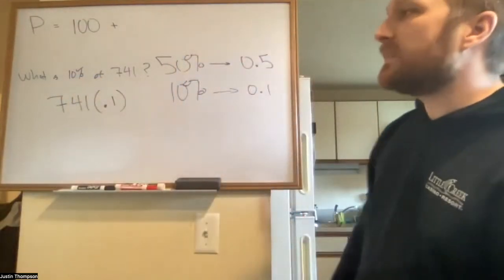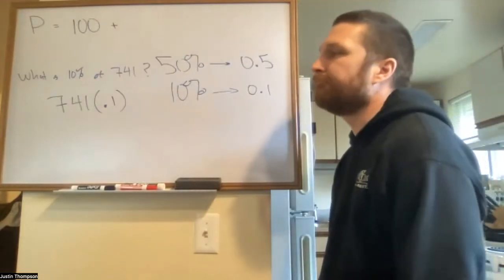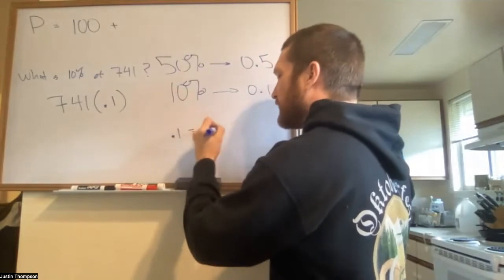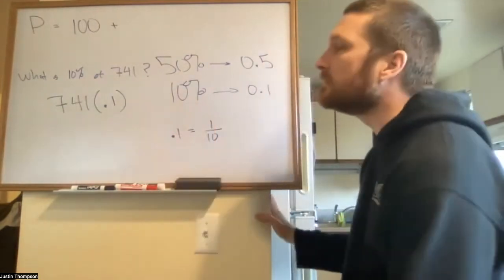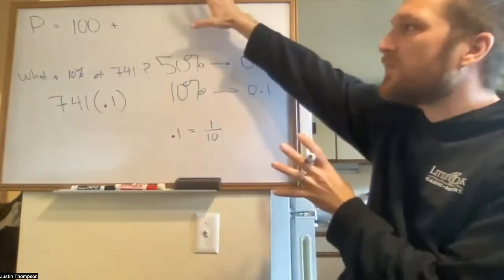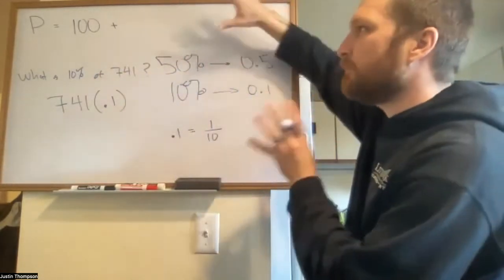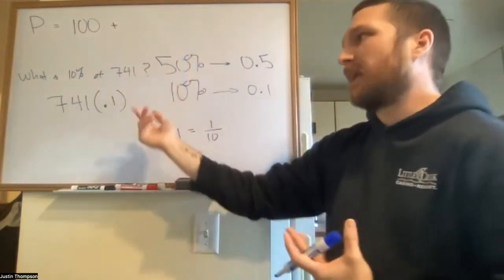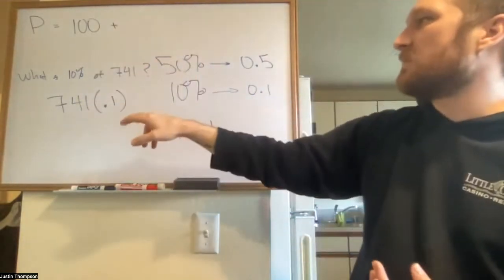Which happens to be the same thing as divide it by 10. Right? Because 0.1 is equal to 1 over 10. And I'm using, I started this with 100 and I wanted to take 10% because it's easy to actually get numbers. But I could have said, what is 10% of 741?